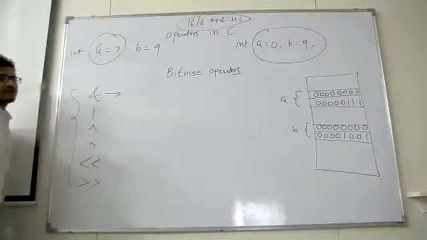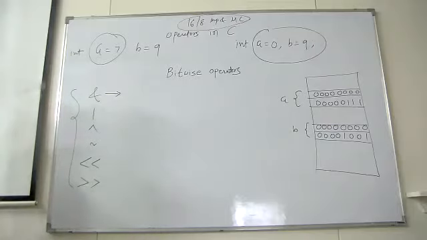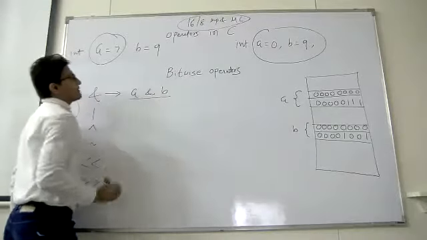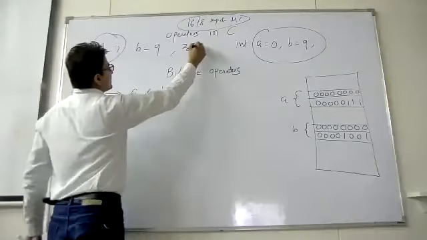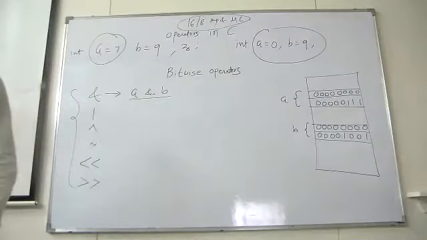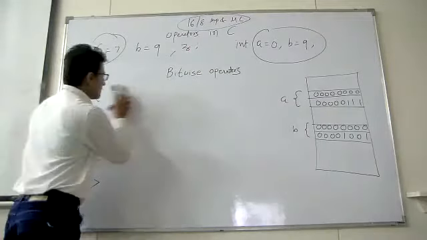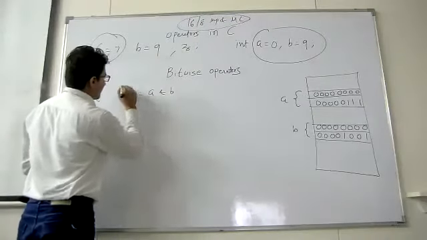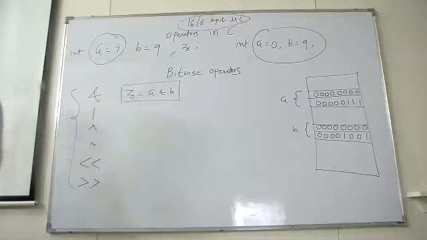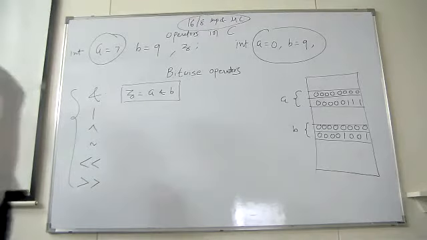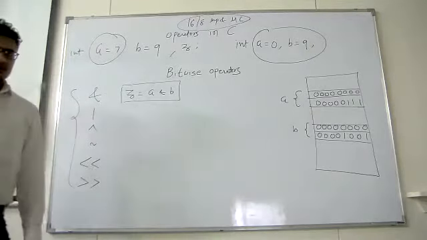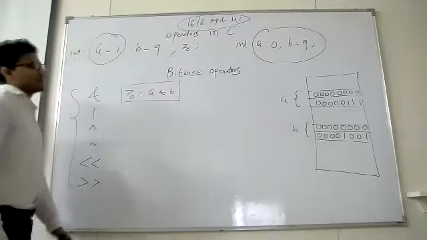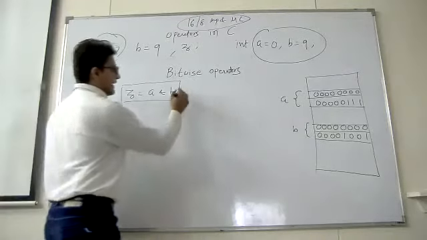Now the AND operation, A and B. Suppose I have one more integer Z, so Z is equal to A AND B. What happens in the AND operation?